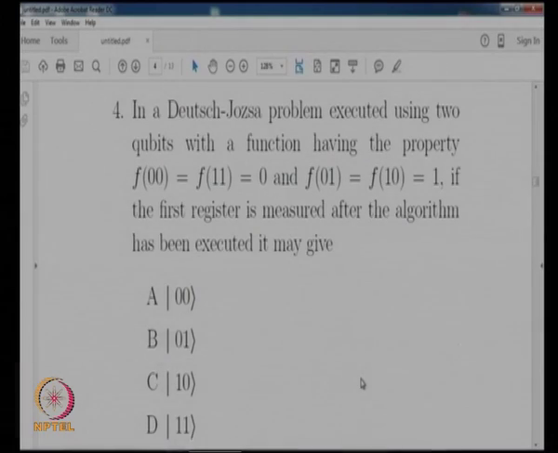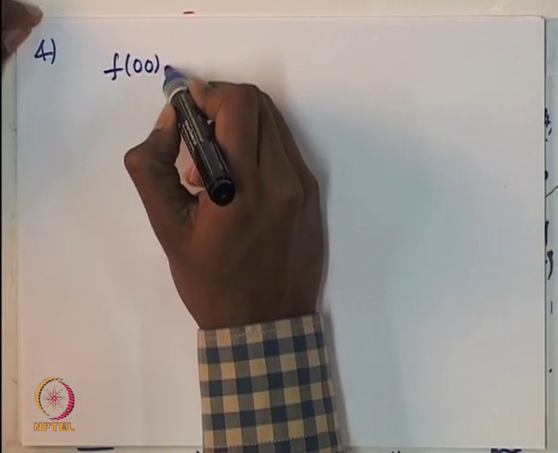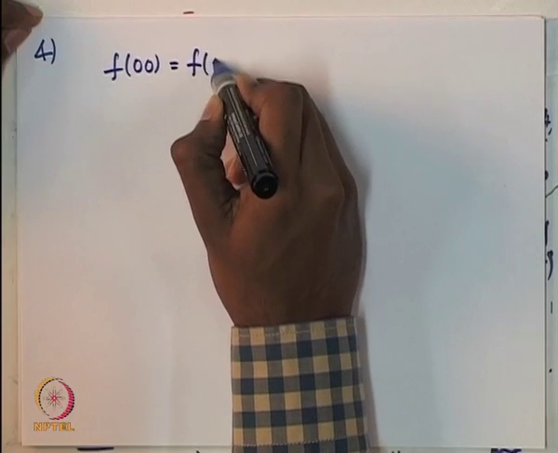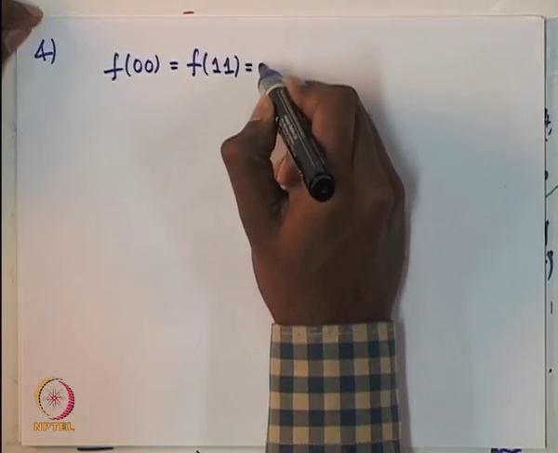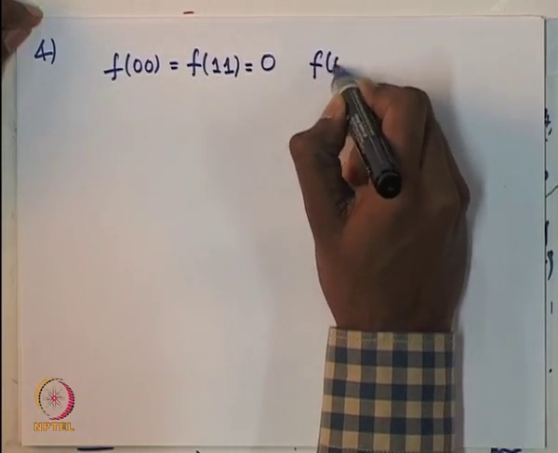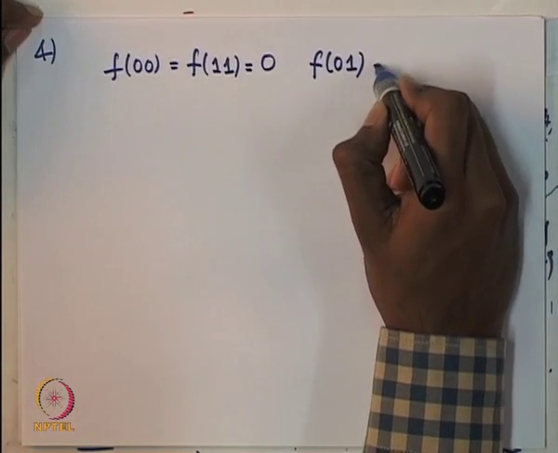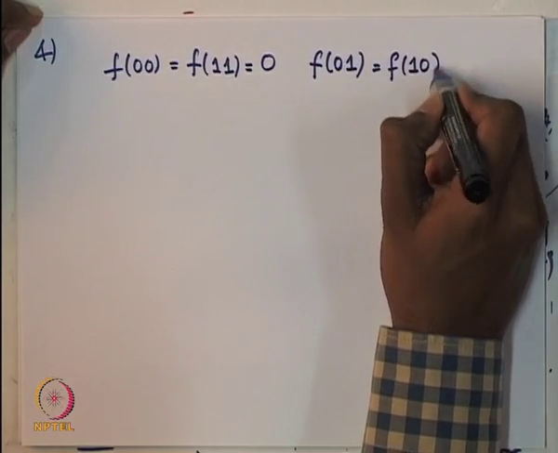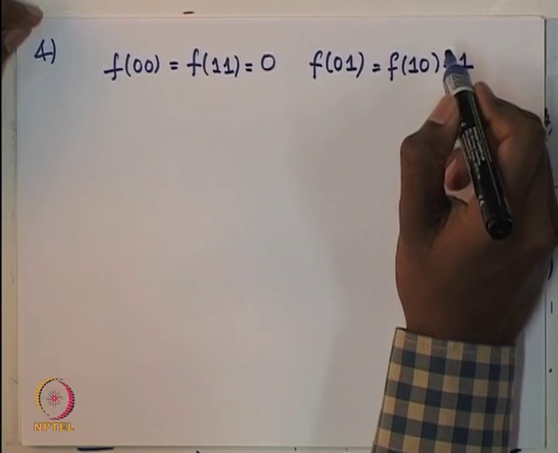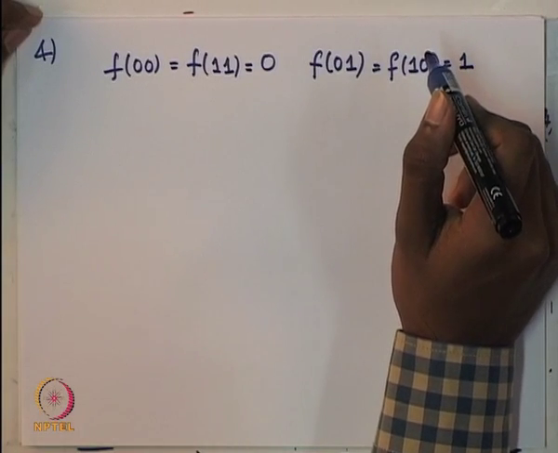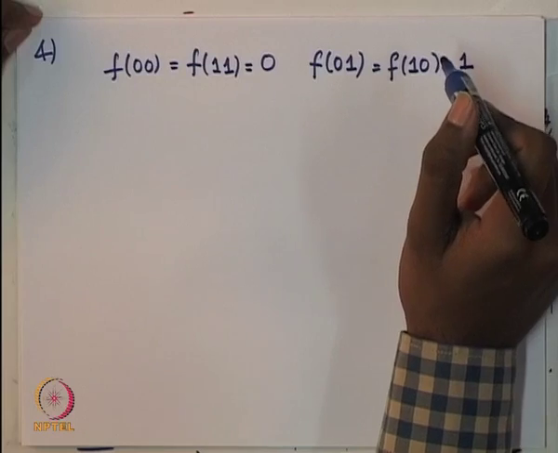The function outputs are f of 0 0 equal to f of 1 1 equal to 0, and f of 0 1 equal to f of 1 0 equal to 1. And the input is the same as in question 3.